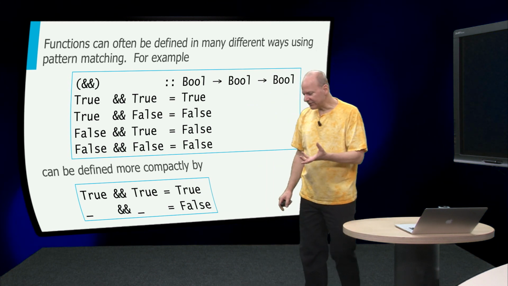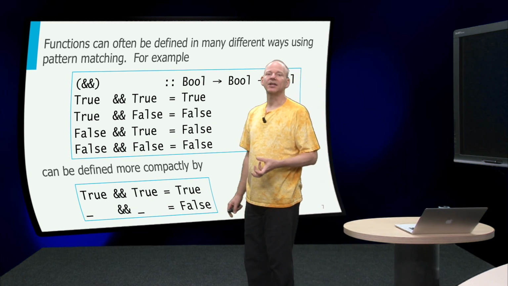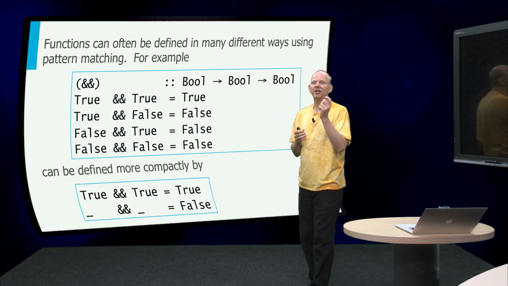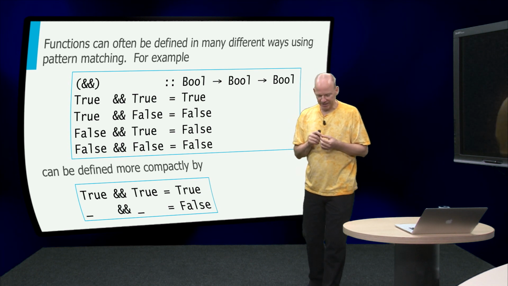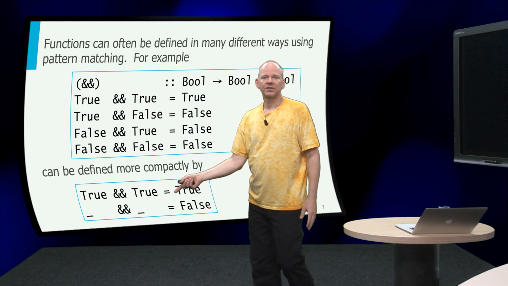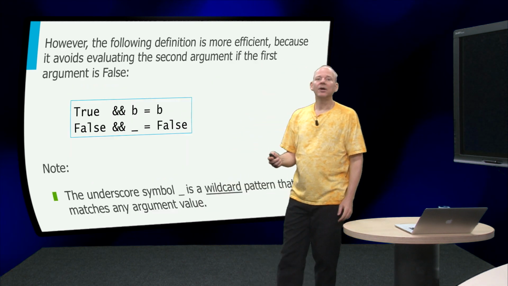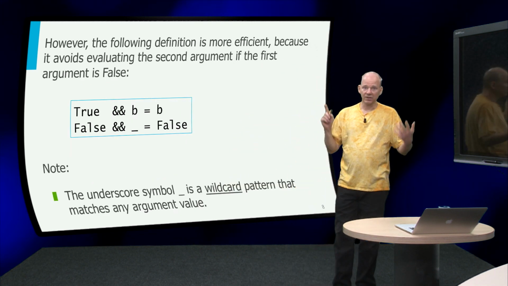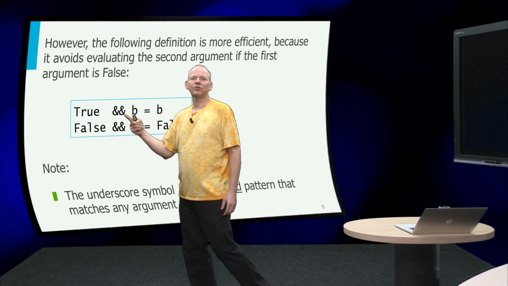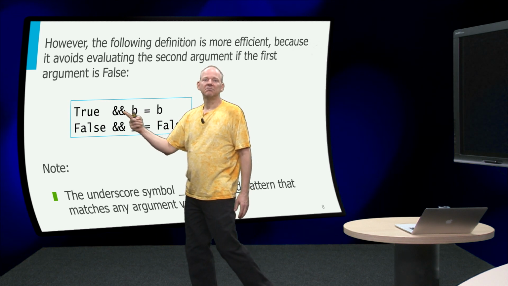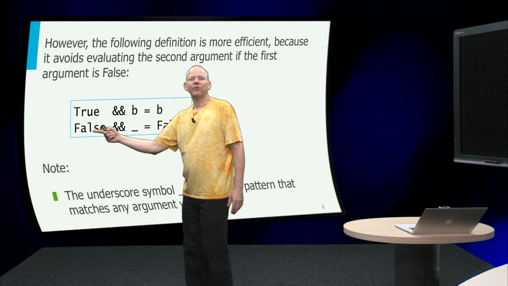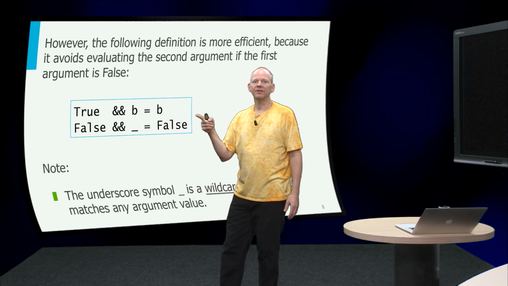Haskell people are very sensitive to this, because Haskell is a lazy language, and you want to do as little evaluation as possible in order to find the answer to this function call. All right? So a nicer definition, according to the Haskell idiom, is the following. If it's true, then true and something is the same as B. And false and whatever is false.